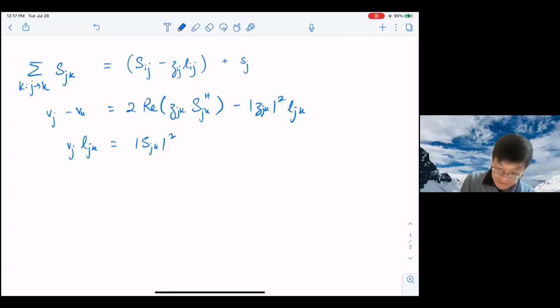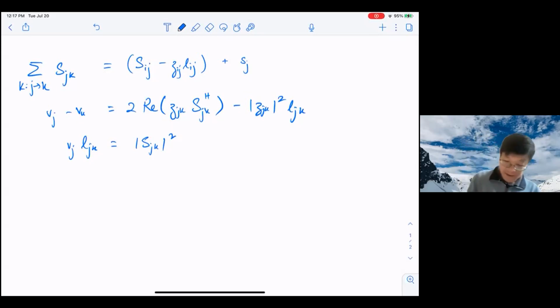So a reformulation takes the following form, where the first equation, the power balance equation, remains the same. So this will be in the complex variables. Yes, that's right, the complex variables.